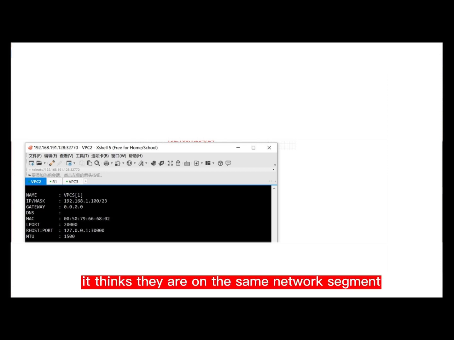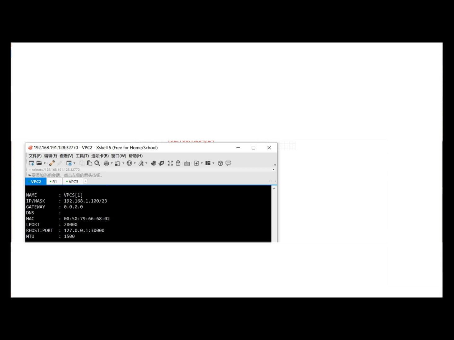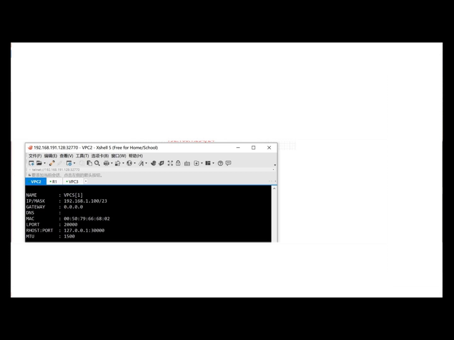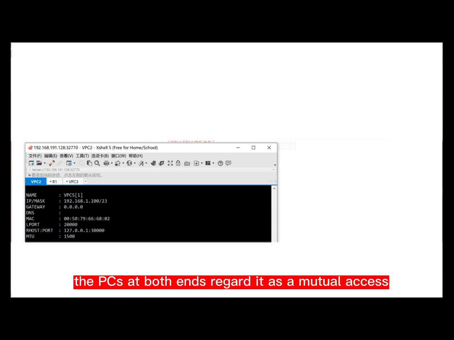It thinks they are on the same network segment. PC3's reply is the same. It thinks they are on the same network segment. The PC is unaware. Middleware help is a function that it enables. The PCs at both ends regard it as mutual access on the same network segment.